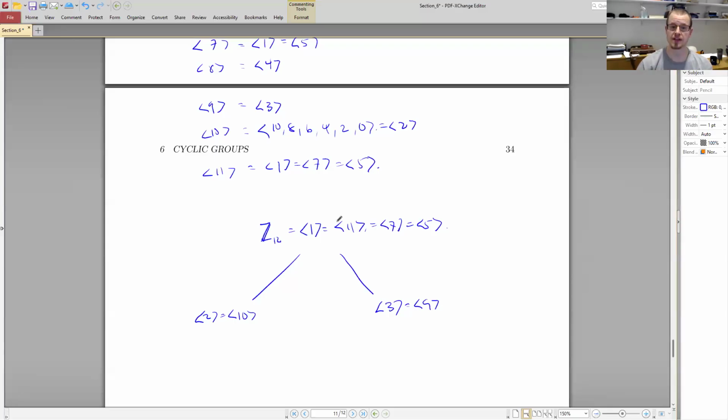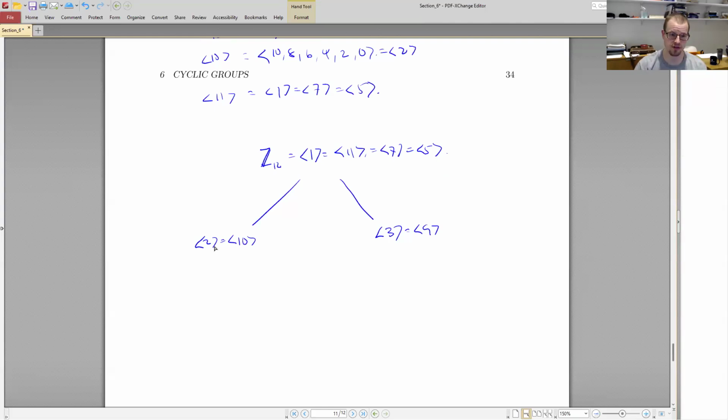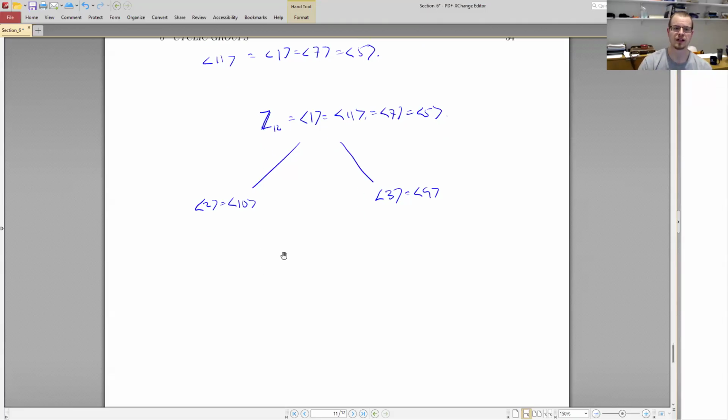But that's not the case for 6, because 6 contains both the divisor of 2 and 3. And in particular, that greatest common divisor is 6. So this, however, right, 6 is a subset of both of those. So we see Z12 has these 2 subsets. Contained within those is that one.